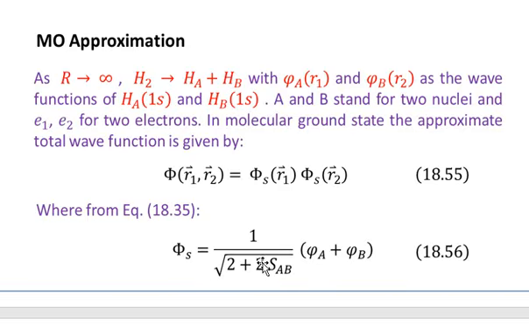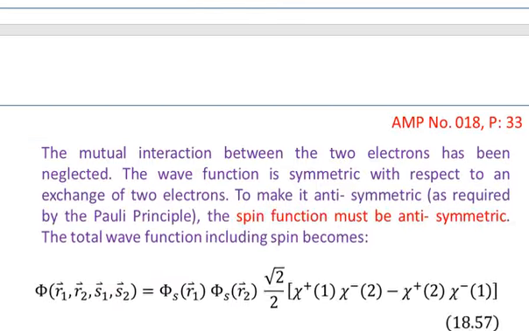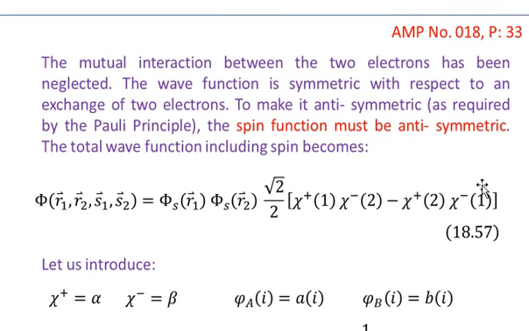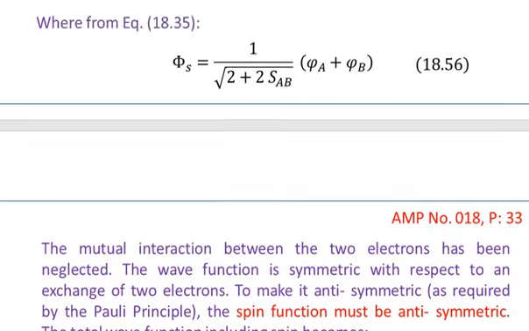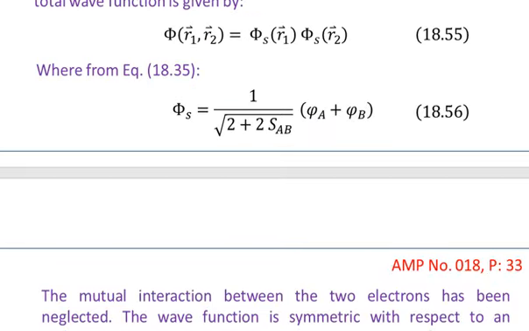For reference, you can consult equation 18.35 from the previous lecture. The mutual interaction between the two electrons has been neglected. In both of these equations, we have neglected the mutual interaction between the two electrons.